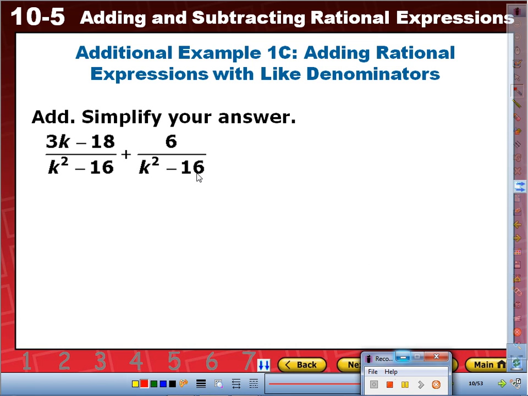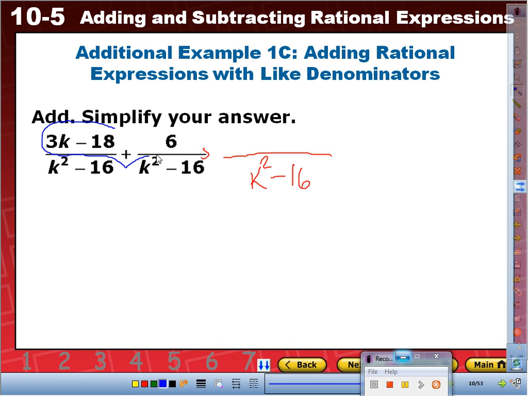Okay, here we go. So step 1, identify the common denominator. Common denominator here is k squared minus 16. Is that correct? Step 2, add or subtract the numerators by combining like terms. I'm going to draw my heart. 3k, are there any others in the numerator?